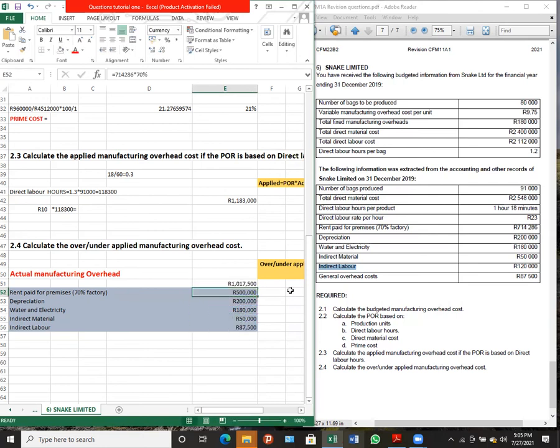Now, guys, you know our actual manufacturing overhead. Next. Let me see. Now we can see our actual manufacturing overhead. I didn't miss any amount, guys, because indirect material, we must.